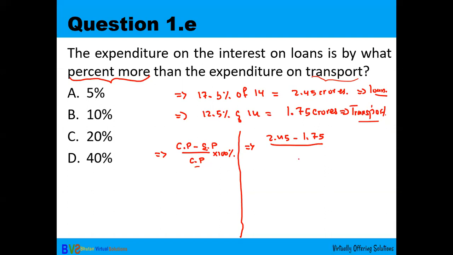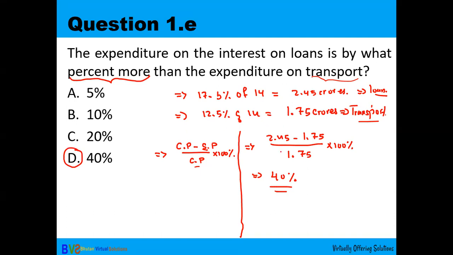So that is why we write the transport expenditure 1.75 times 100%. If you find this, you will find the percentage. So 2.45 minus 1.75 divided by 1.75 times 100, you will get 40% as the answer.